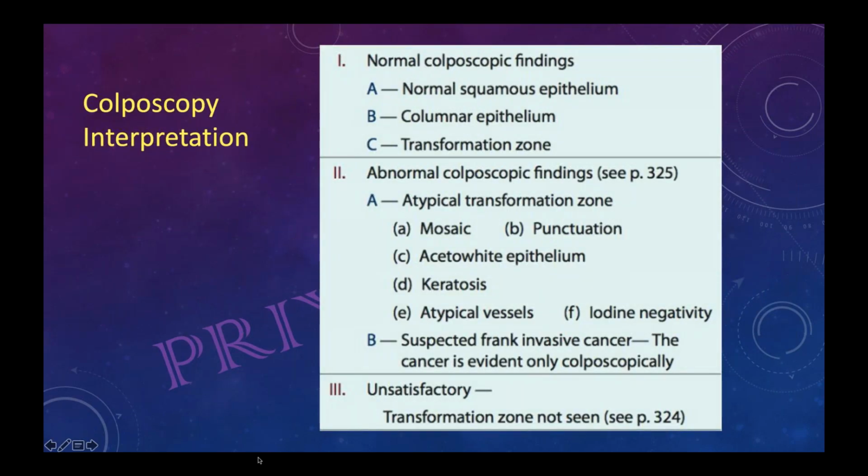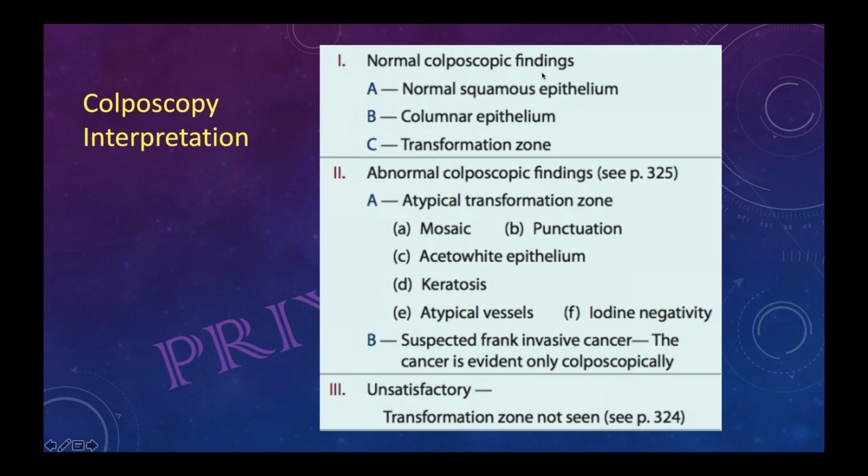So now colposcopy interpretation. What is a normal colposcopy finding? In a normal colposcopy finding, when we are able to see squamous epithelium, columnar epithelium, and the whole of the transformation zone, then we will say normal colposcopy finding. But in the UK terminology, we will say colposcopy is adequate.